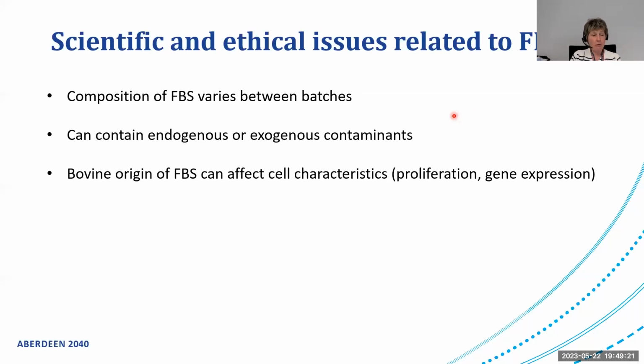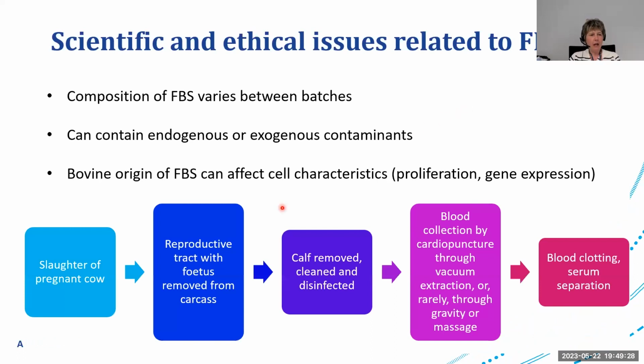What's perhaps less well recognised is how fetal bovine serum is obtained. It's a byproduct of the meat industry, and pregnant cows are slaughtered, and then the reproductive tract, which contains the fetus, is removed from the carcass. And this is done in the absence of any anaesthesia. And there's some suggestion that these fetuses may experience sentience and may feel pain during this process.